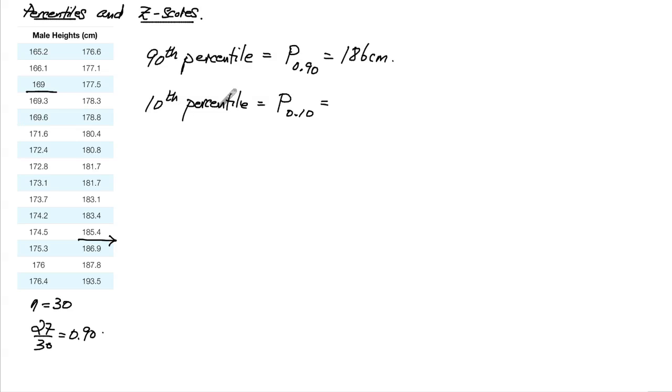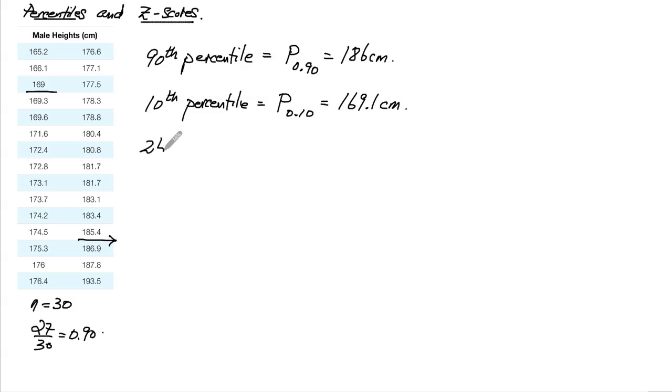So if we have, say, 169.1 centimeters, this value, when you compare it against the sample, ensures that 10% of your sample will be shorter than 169.1 centimeters.